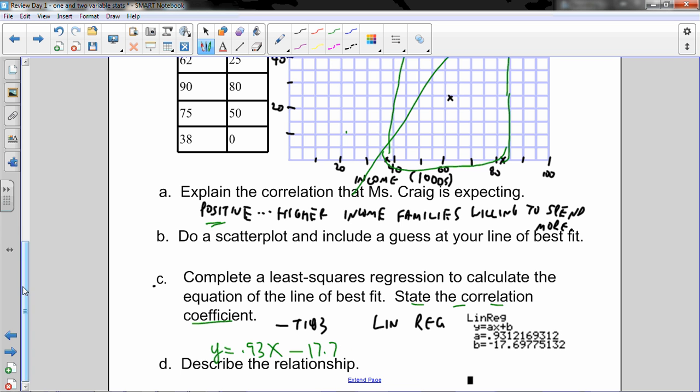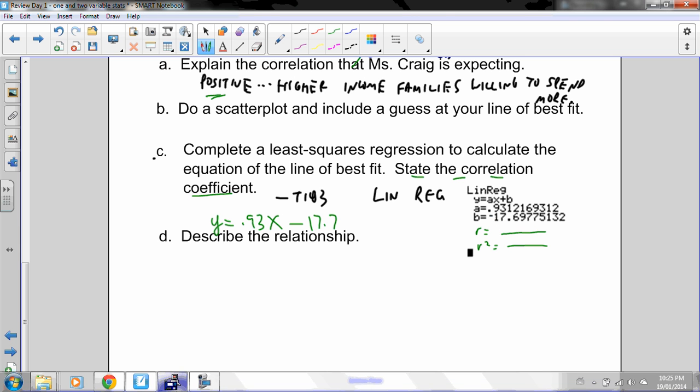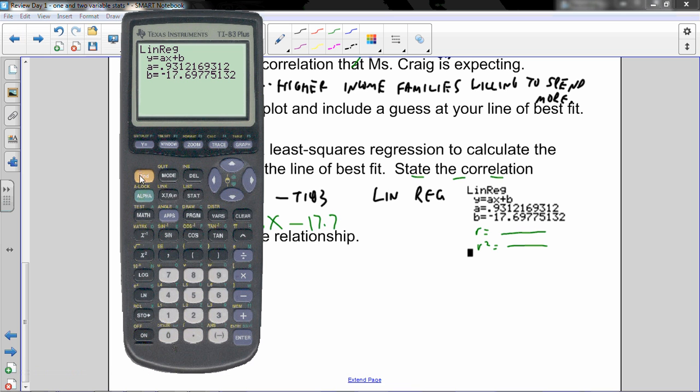And then it says state the correlation coefficient. And if you remember, usually there's a couple more things here, right? It says r and r squared, and that was the correlation coefficient and the coefficient of determination that tells us how good this model fit our data, and it just isn't there. Do you remember where it came from? Well, there was a setting on the calculator that we have to turn on. If you've just replaced the batteries, or you haven't done this on a calculator before, the default is to have it shut off.